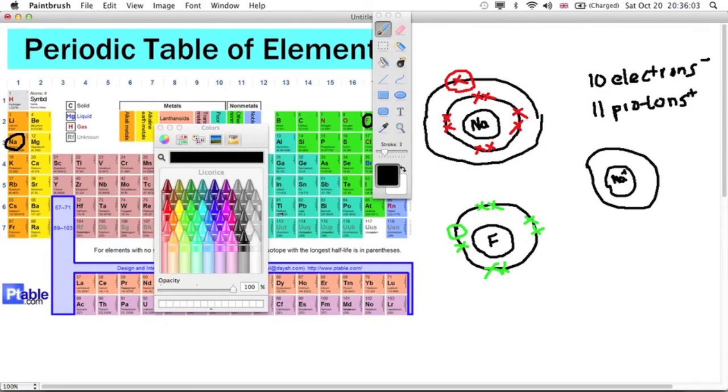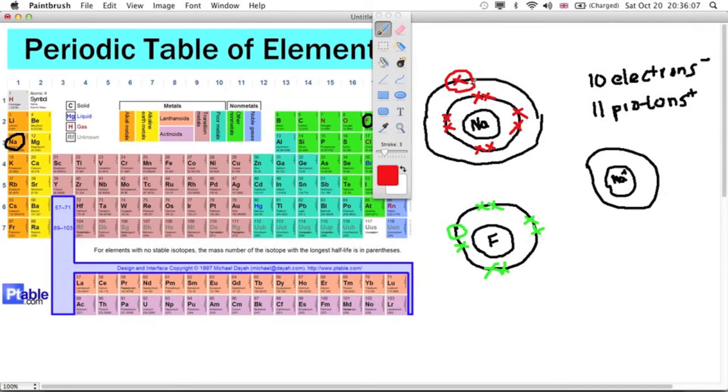and its outer shell now becomes the shell with the 8 electrons. This shell then disappears because it has lost an electron. So there's no point of a shell being there if it does not hold any electrons. So now we have 8 electrons here. And what happens to this electron? Well, it gets in here.